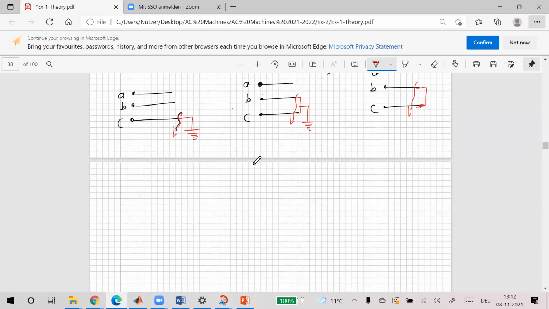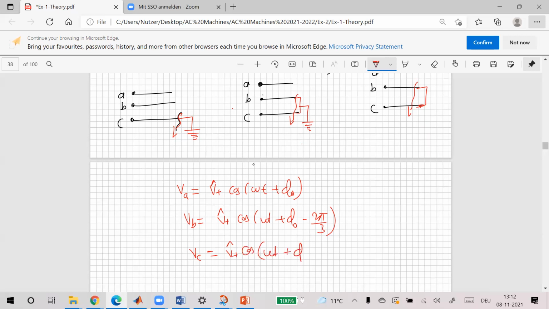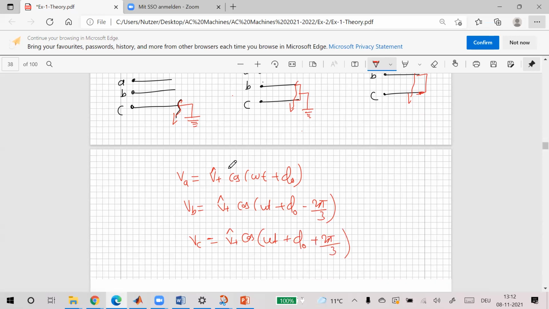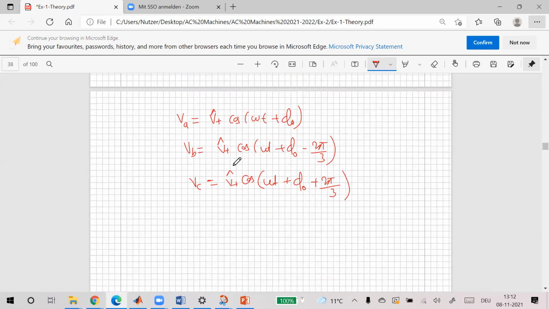To simulate the fault, we know Va equals V plus cos(omega t plus phi naught). You know, like this.